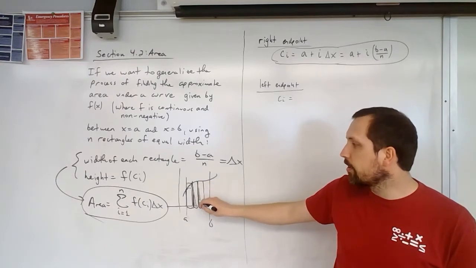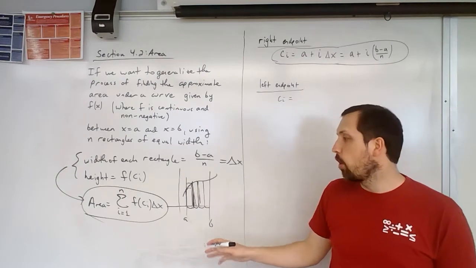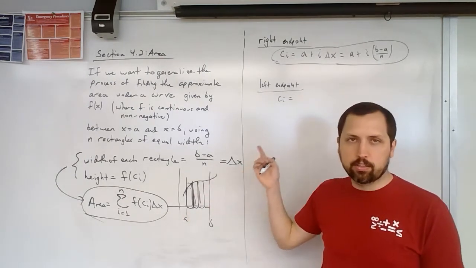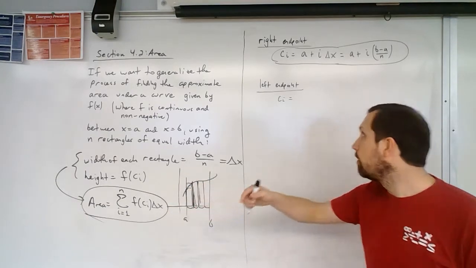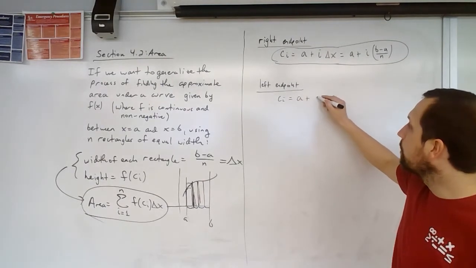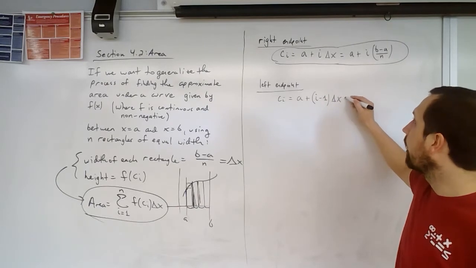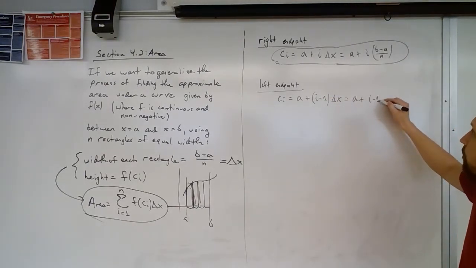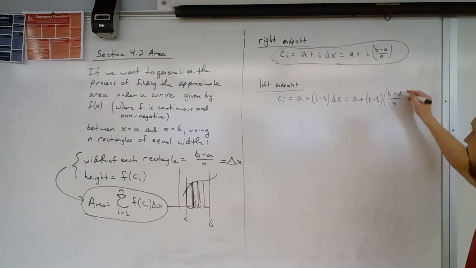My third left endpoint, I'm adding on 2 copies of delta x. So I'm always adding 1 less copy of delta x than the number of the rectangle I'm using. So the only difference is I'm going to start with a, but I'm going to add on i minus 1 times delta x. Or this could be seen as a plus (i minus 1) times (b minus a) divided by n.